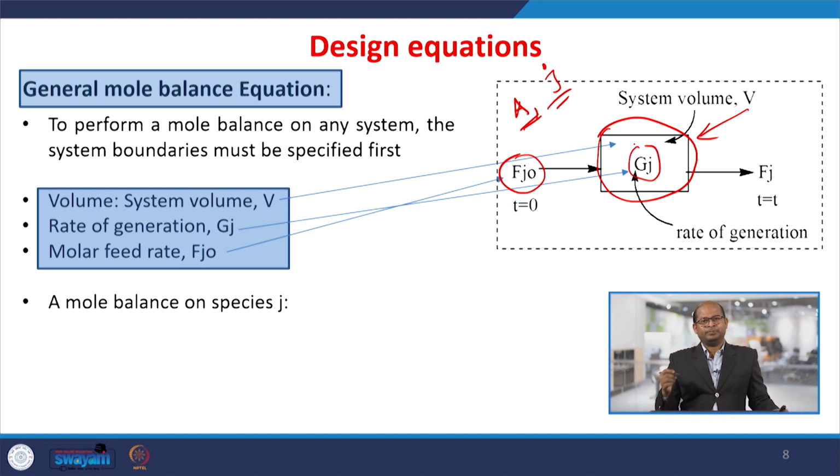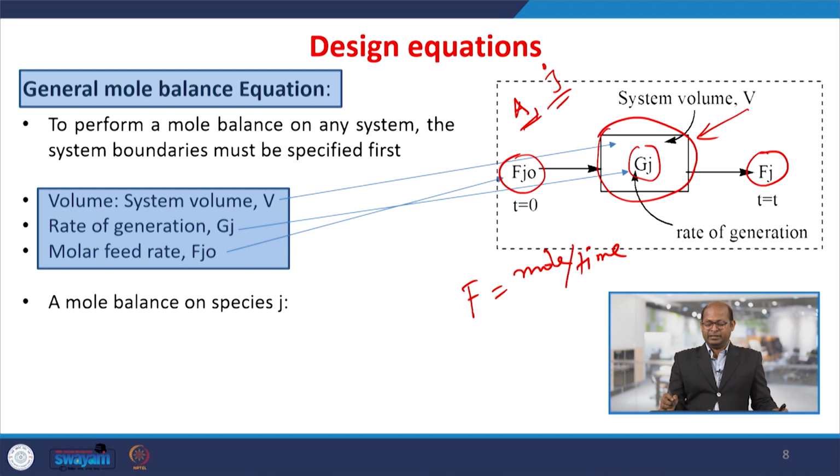G j is the rate of generation of that component J, that may be component A, component B or any reactant that we are using. And F j is the molar flow rate, mole per unit time. Molar feed rate. If it is a batch reactor then only moles would be there, so there is no flow. That we will discuss later.